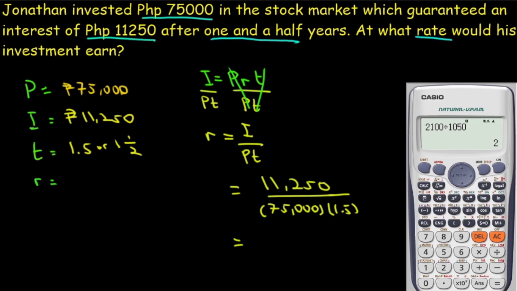Pwede naman natin itong isolve manually, but then, since this is a video and we're trying to save as much time as possible, gamitin na natin itong ating calculator. No, unahin natin itong 75,000 multiplied by 1.5. This is 112,500.